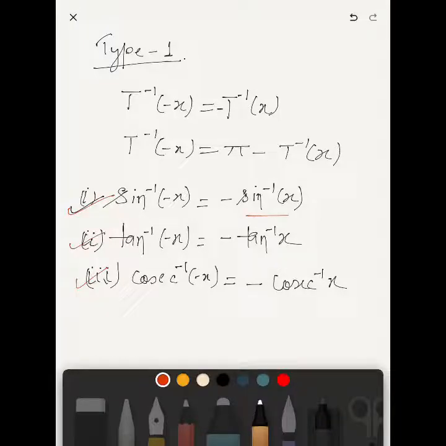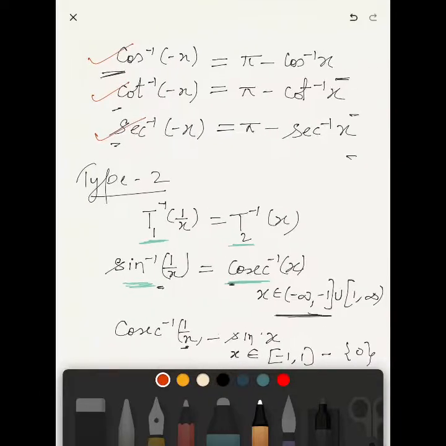Negative of sine inverse x, negative of tan inverse x, negative of cosec inverse x. But in case of cos inverse of minus x, your output comes out to be pi minus that function, pi minus that function. So type 1 you have to remember how it came. I taught you in that lecture itself, lecture 2.